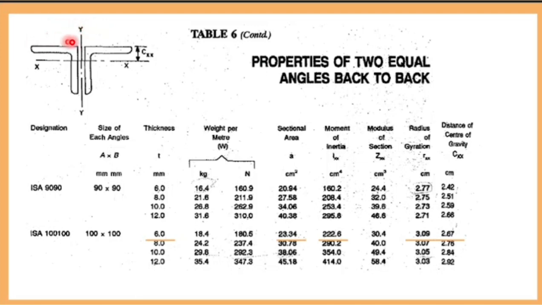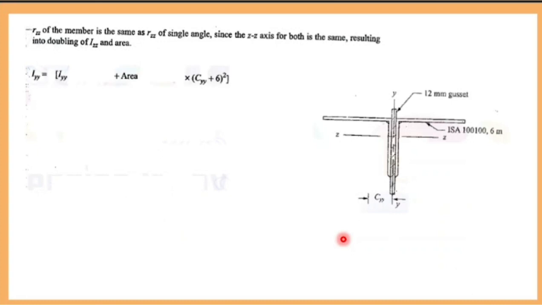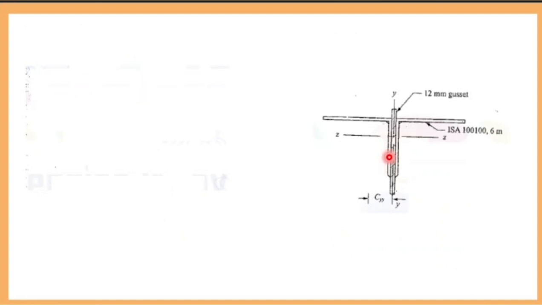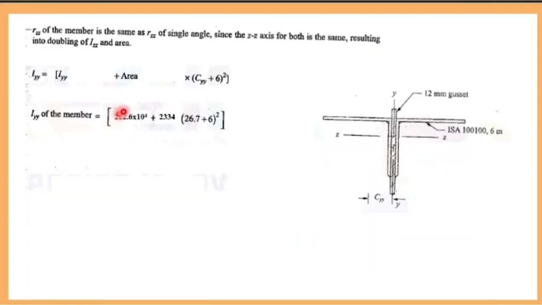Because it is an equal angle section, your length and depth are the same. Hence you can take this as Ixx as well as Iyy. Now your Iyy is 222.6 into 10 power 4 plus area. See, do you have area here? 23.34. So your Iyy is 222.6 into 10 power 4, and your area is 23.34.